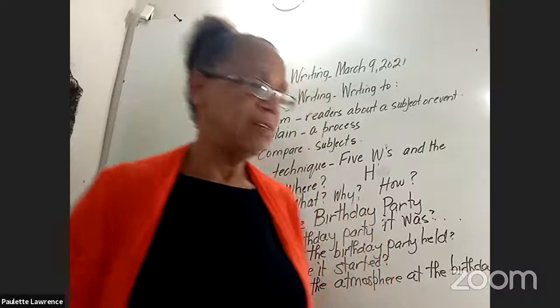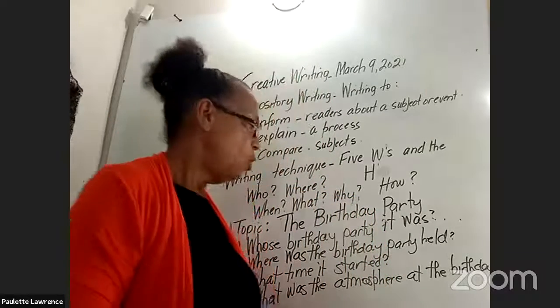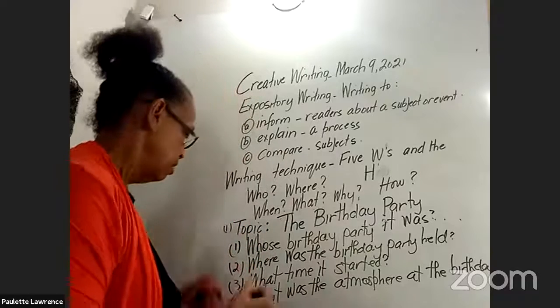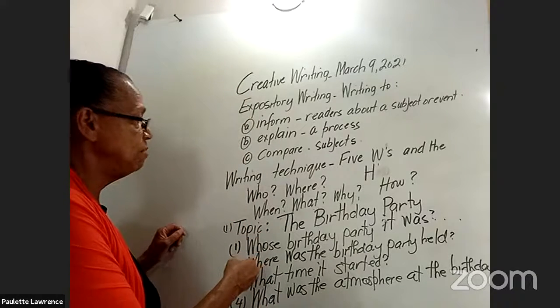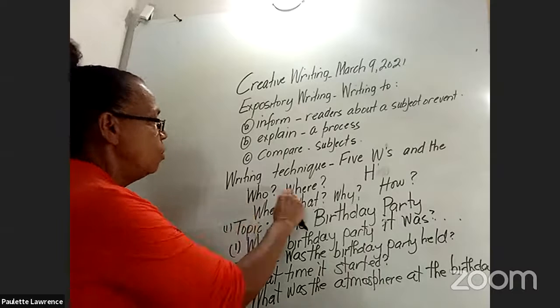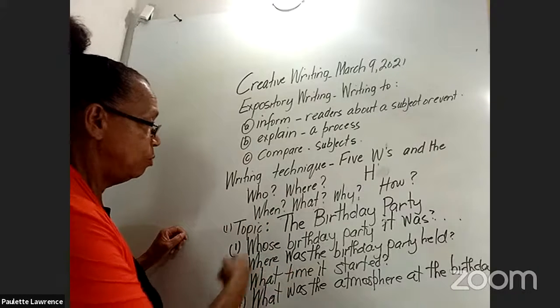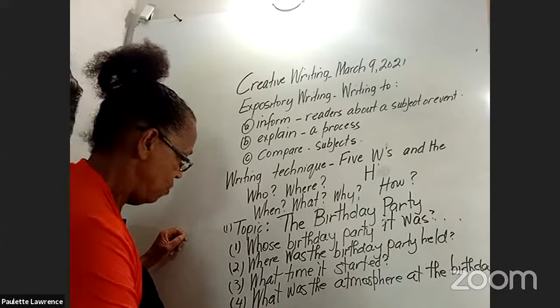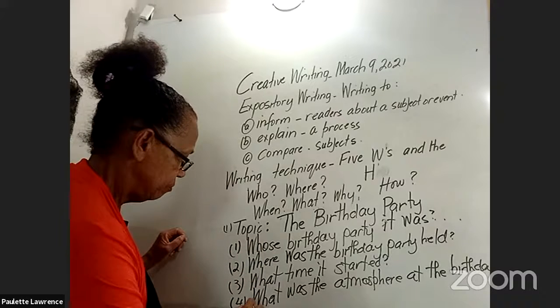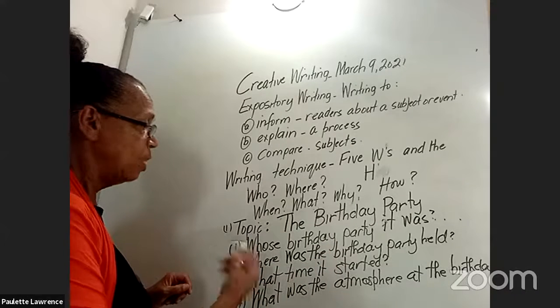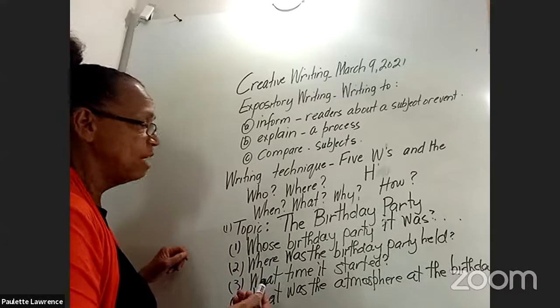Then you could ask the next question, what were some of the activities? So you will try to use as many as you can. We have used whose, where, when. You could probably use a when right here now, number 5. Whose birthday party it was, where was the party held, what time it started, what was the atmosphere of the party.